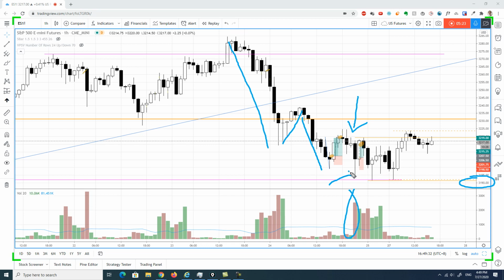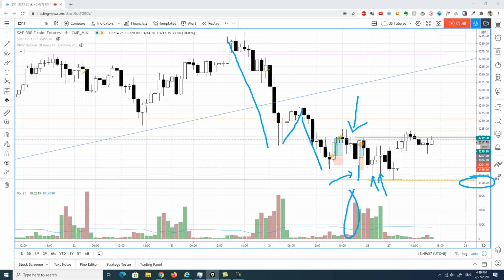So we see the demand tail showed up here, and this is the demand bar, a bullish bar, and then we have a demand tail here again, and on the last hour bar again. So definitely there was some kind of demand coming in on last Friday, and we've seen that the downward pressure wasn't able to push down the price.